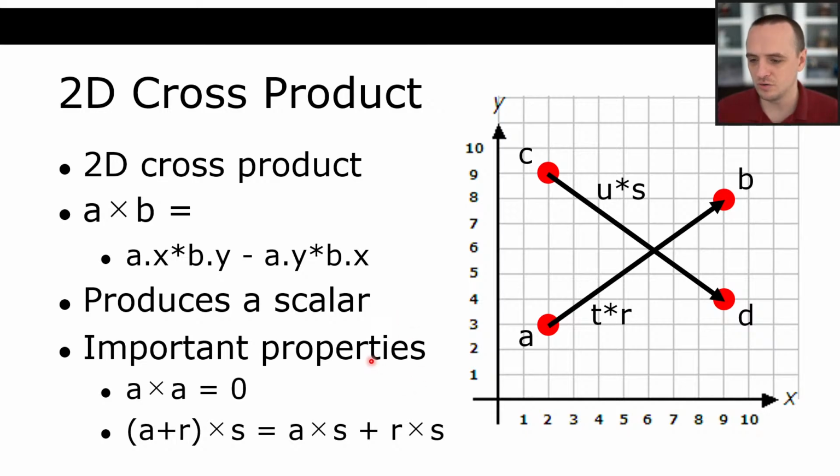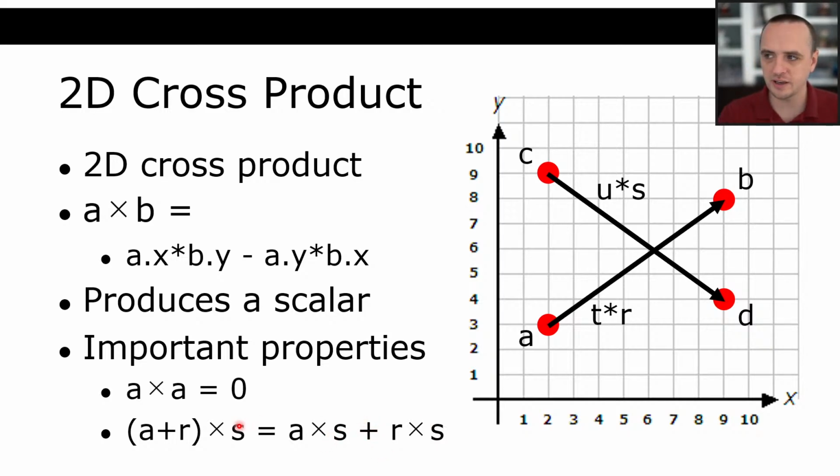The other property that the cross product has is the following: if we have two vectors and we add them together inside these parentheses, and then we cross that by S, then that is equal to the crossing of each one with S and then the addition of those.